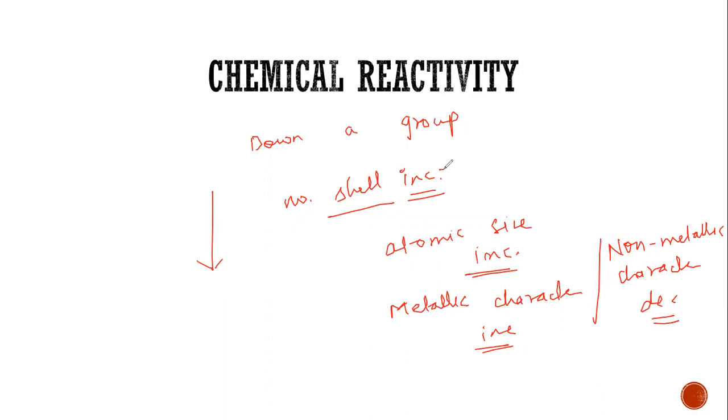As the number of shells increases, the atomic size increases, and if the atomic size is larger, it requires more energy to gain electrons, because of which the non-metallic character will decrease, and it can easily lose electrons. Because of this, when we move down the group, the metallic character increases.